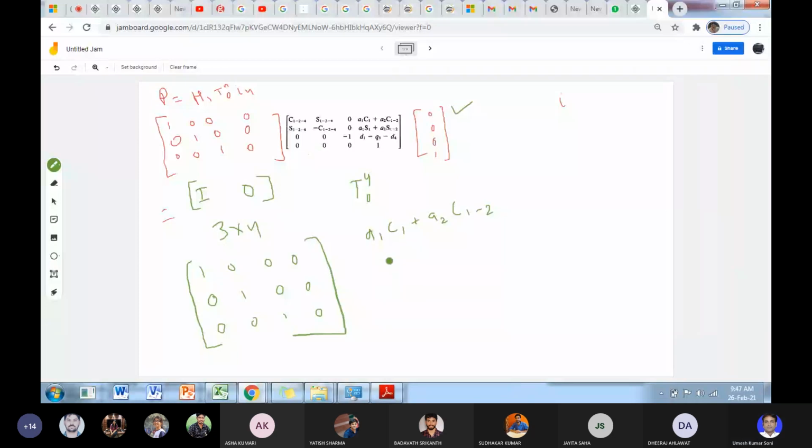Similarly the second element will be A1 S1 plus A2 S1 minus 2. The third element will be D1 minus Q3 minus D4 and the fourth element will be 1.